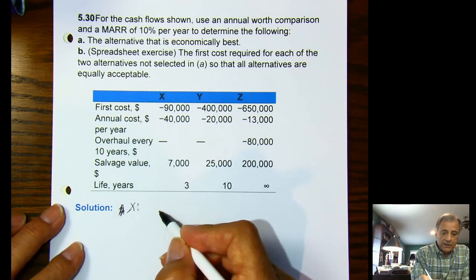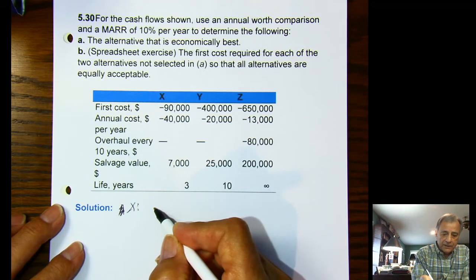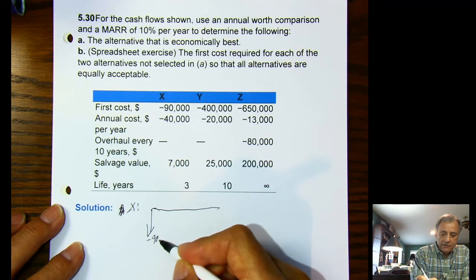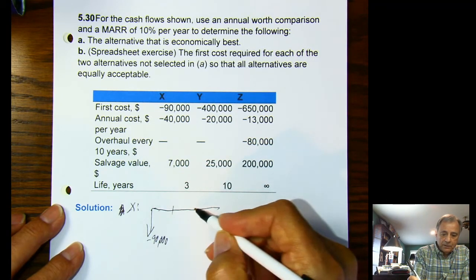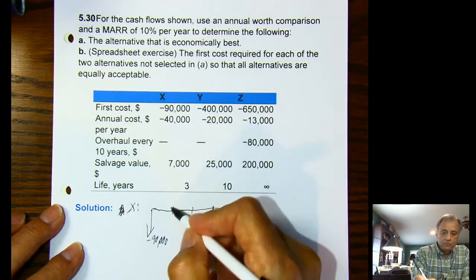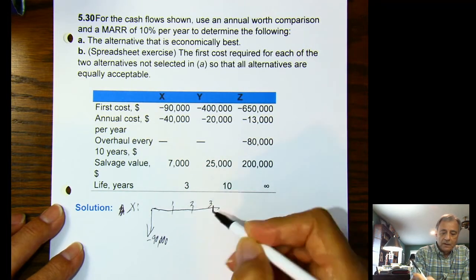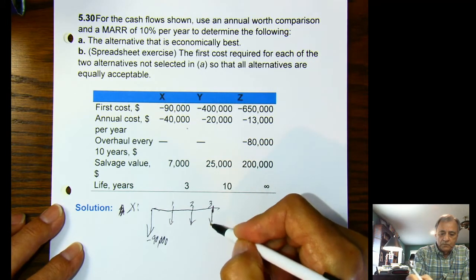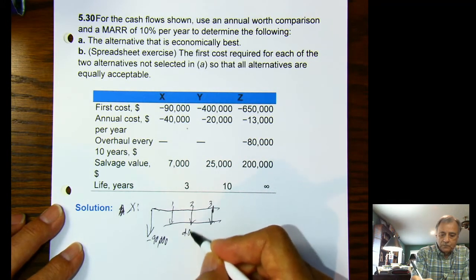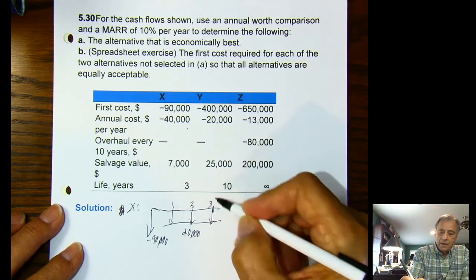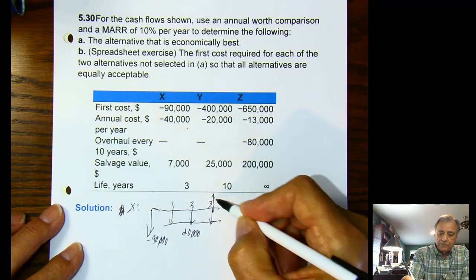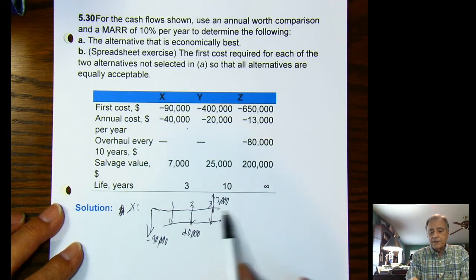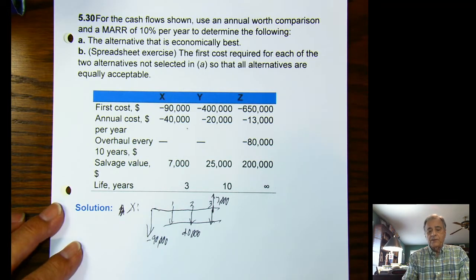So we're going to have a cash flow that looks like this: minus 90,000, years 1, 2, 3, 40,000 a year, and a $7,000 salvage value. That's positive. And that series is then going to repeat itself every 3 years.